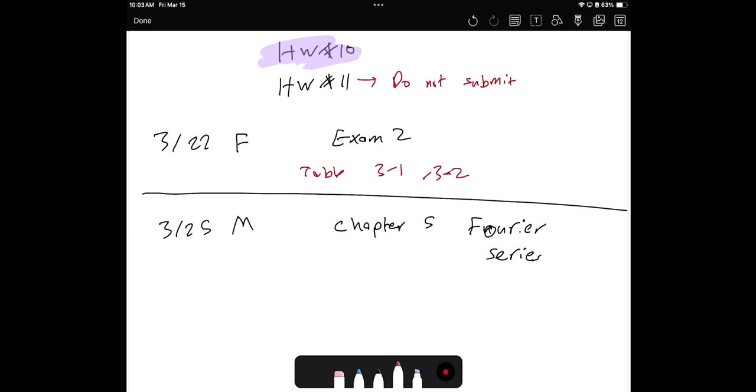You are allowed to have a 3x5 note card, and you can write whatever you need on it. But don't write the tables, because all of them will be provided: Table 3.1, 3.2, and the additional 2 tables that we will discuss next lecture about circuit analysis. They will be part of the exam sheet. When you look at it, you can see the last sheet, which is the tables.